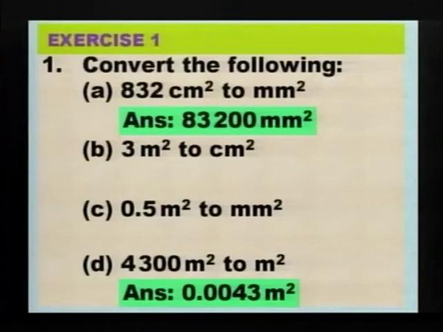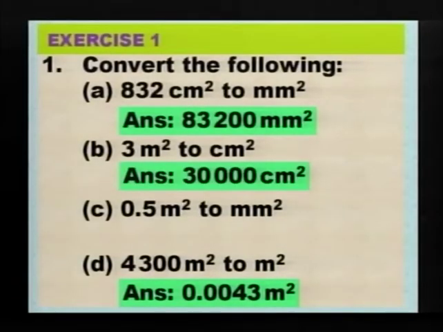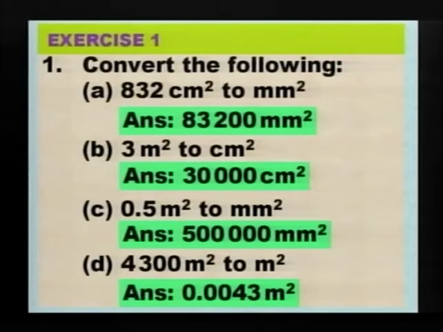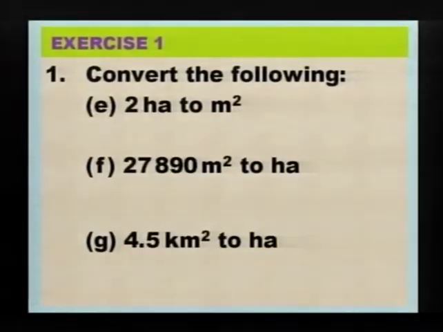B. 30,000 square centimeters. Letter C, Solomon. 500,000 square millimeters. Okay, you all agree with those answers? If you disagree, just say so, please.